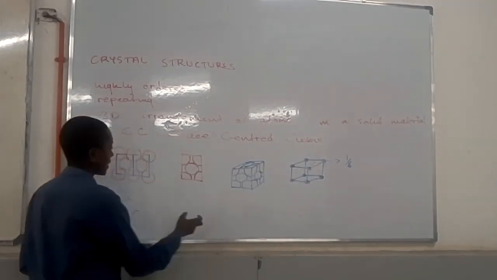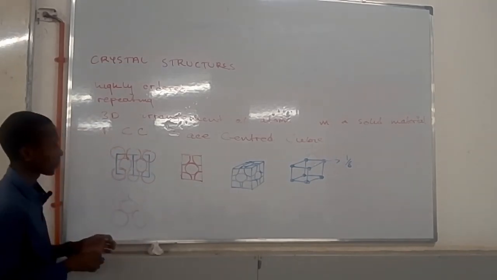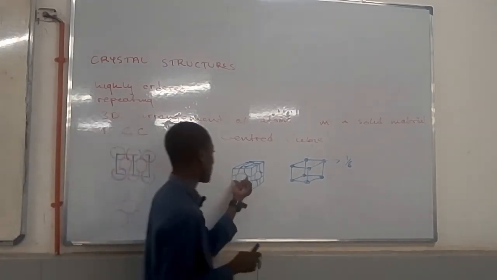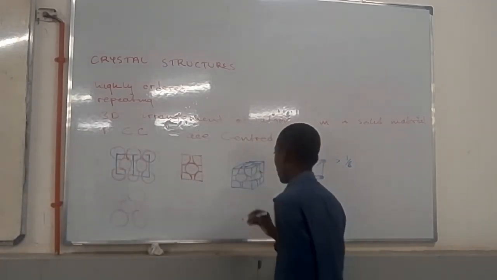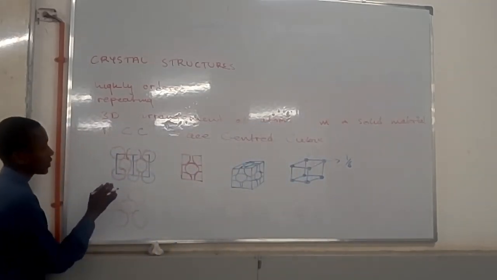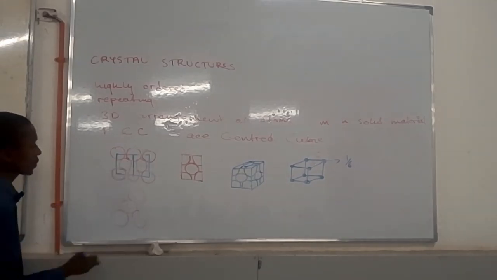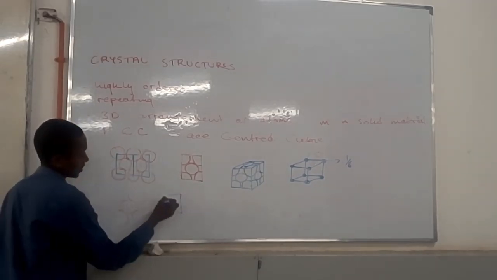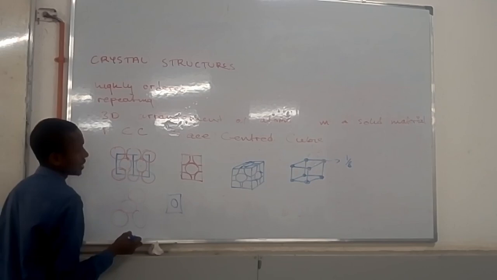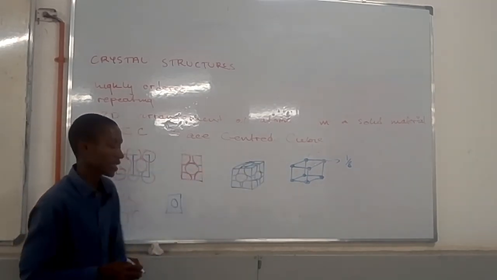But there is this atom that you're seeing here. It is an atom at the center of the face. So this is the face, and it is at the center. That's why we are saying face-centered cubic.